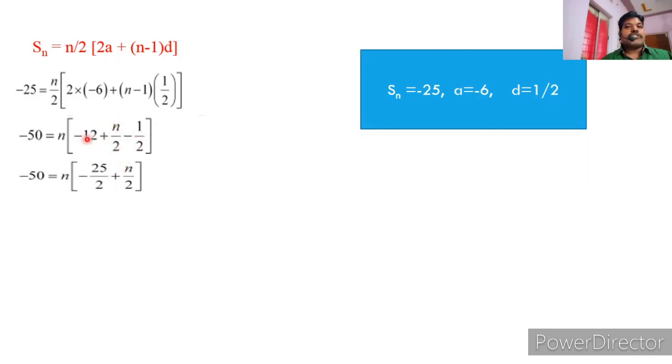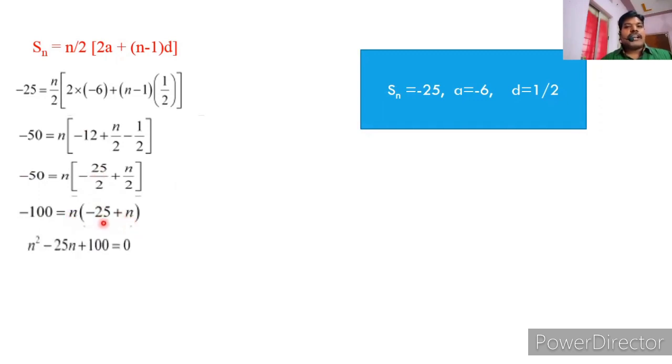Take the LCM 2 here, and take this 2 to this side. It will become minus 100, that is equal to n into minus 25 plus n.